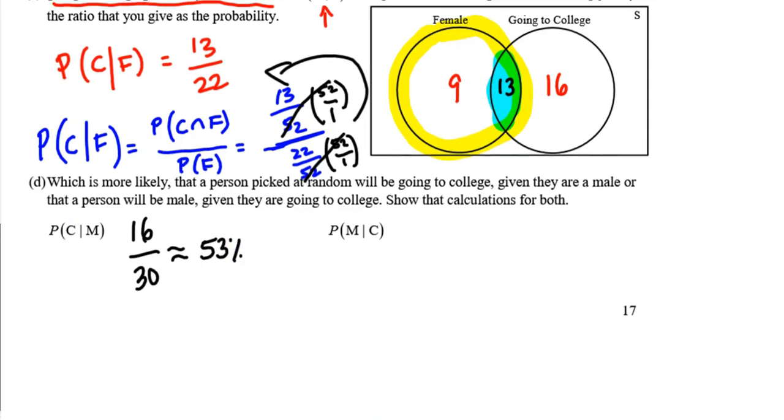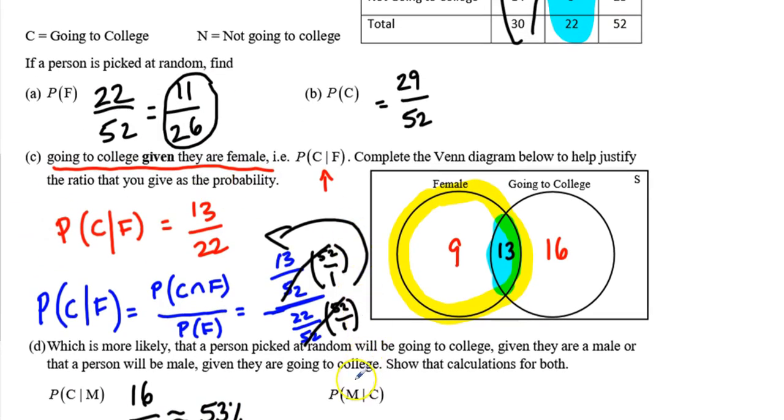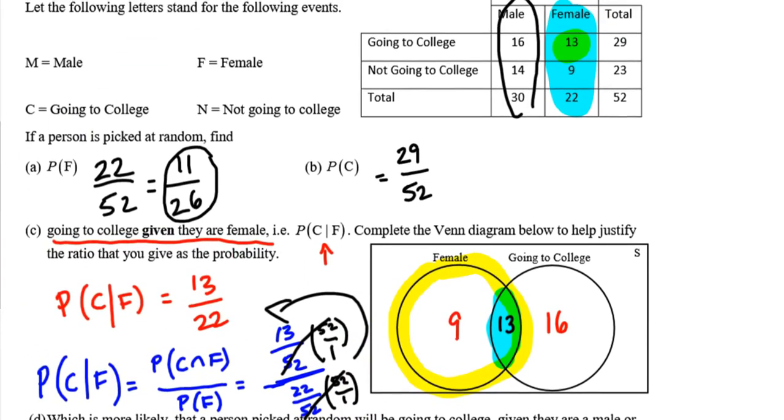And now the probability that they are male given that they're going to college. These are not saying the same thing. It's looking at a different group of students. Okay? Given that they're going to college is right in here. So looking at all these, so out of just those 29, what's the probability that they're male? 16 out of 29.